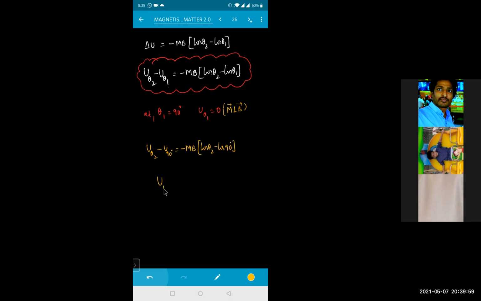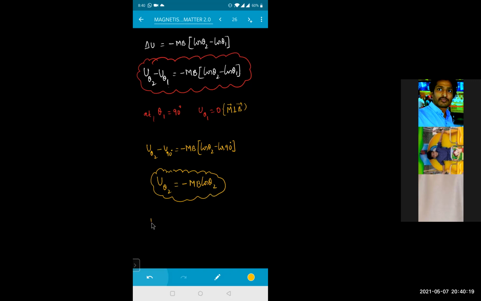Since cos 90 is 0, U theta 2 will be equal to minus MB cos theta 2.